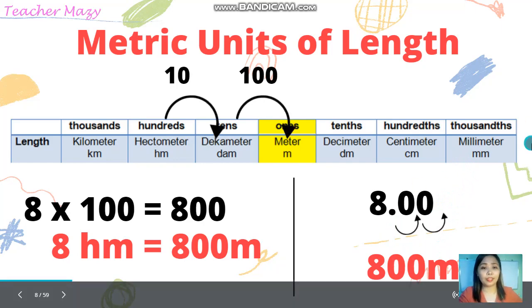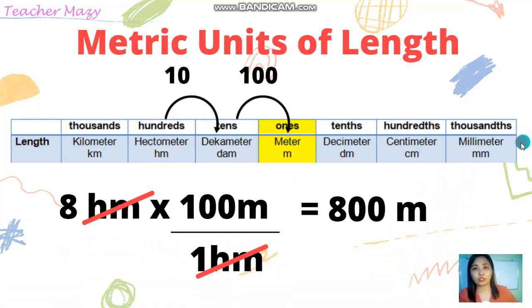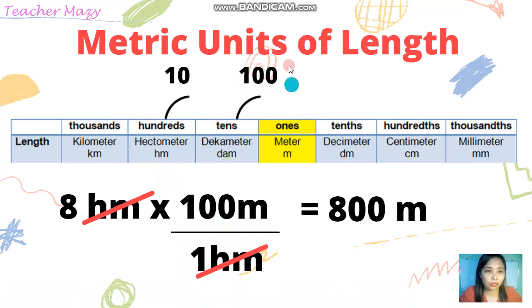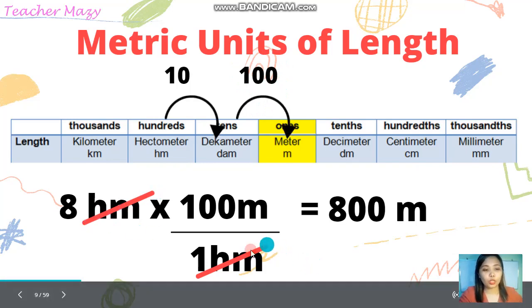There is another method, where we use the cancellation of units. So in this case, we have 8 hectometer times kung ilan bang meter for 1 hectometer. So, for 1 hectometer, we have 100 meter. Ayan. Cancel out natin yung unit.